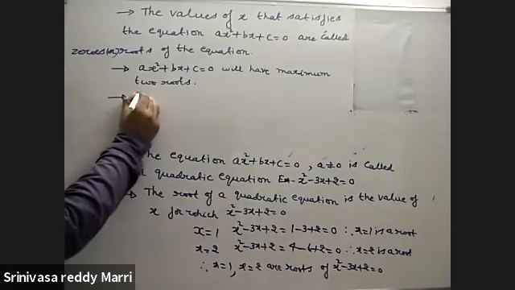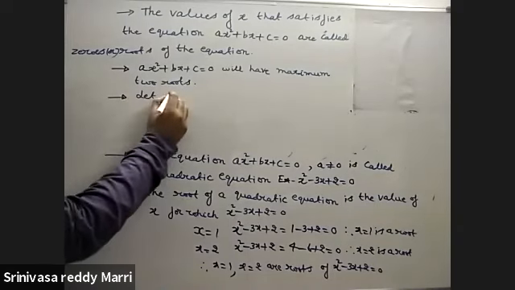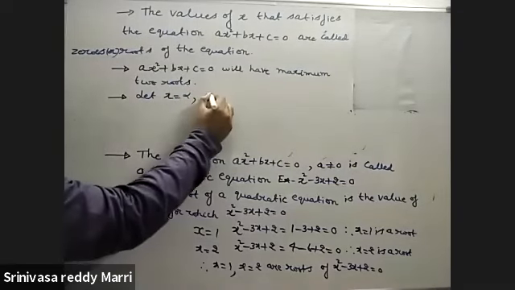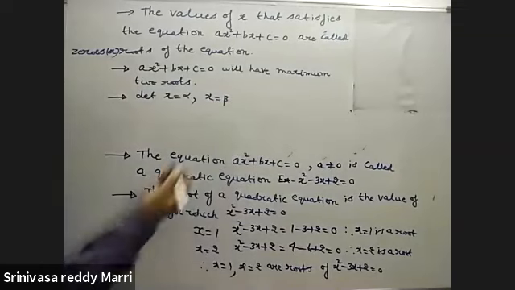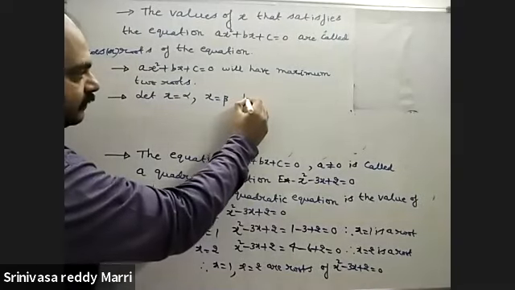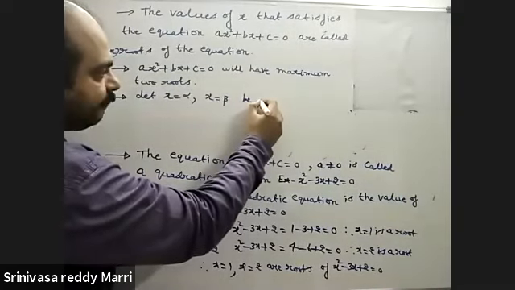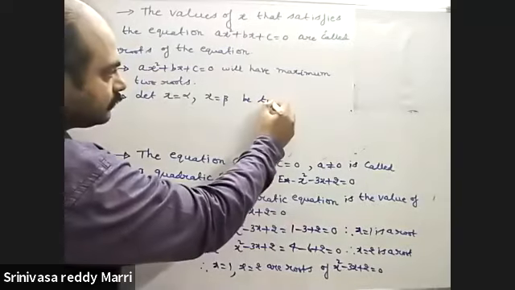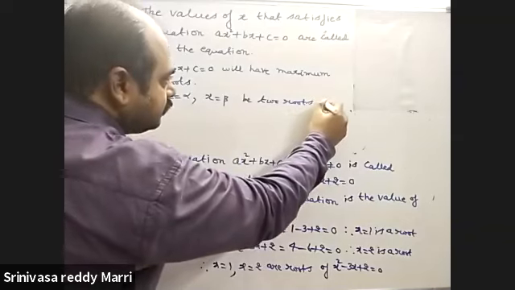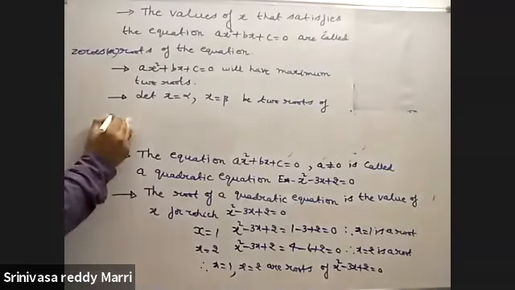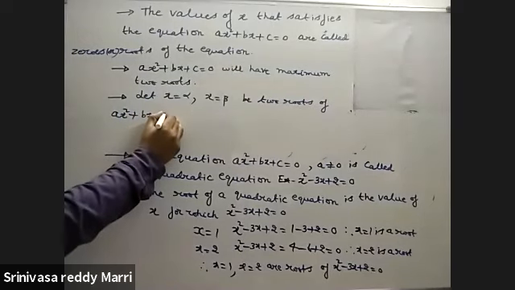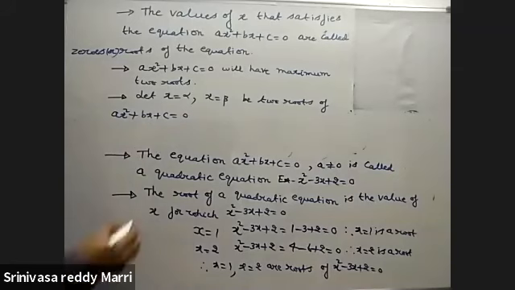Suppose for this equation, let x equal to alpha, comma x equal to beta be two roots of ax square plus bx plus c equal to 0.